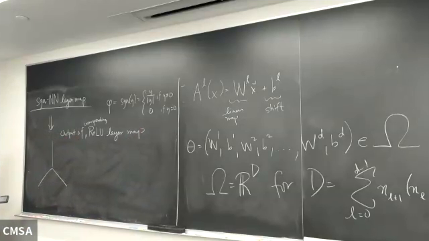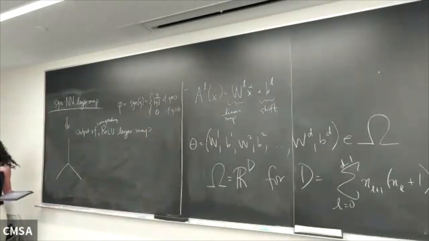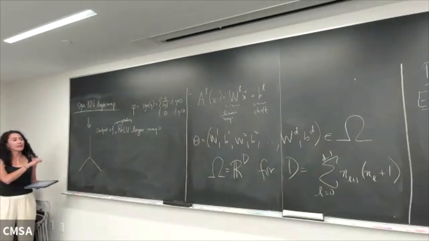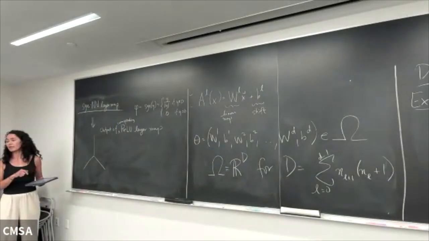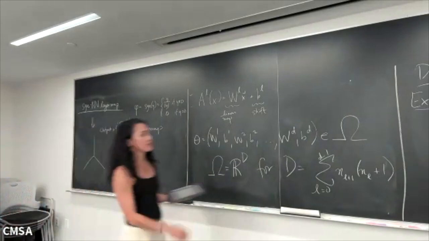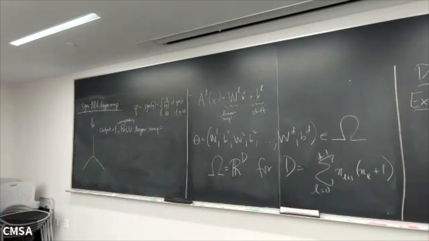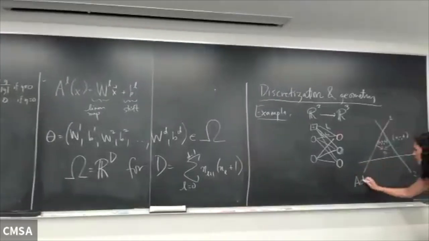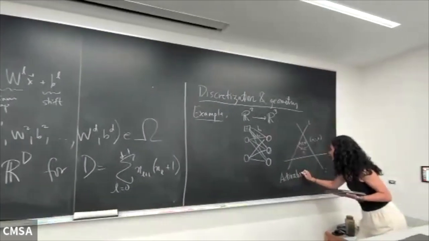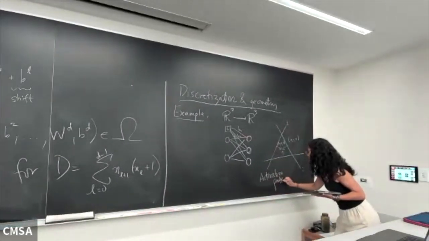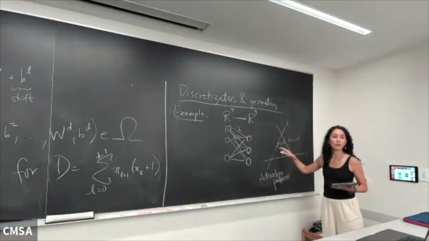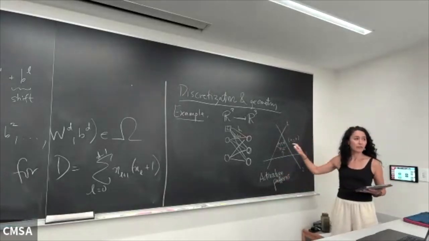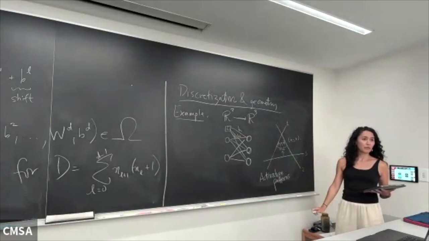So the output of this layer map is going to be in the non-negative orthant of R3. And in fact, the face of the non-negative orthant that a region hits is determined by the so-called activation pattern. These binary tuples that I wrote down here are what are often called activation patterns. So for a particular parameter, you have a collection of activation patterns that are present for the output neurons.